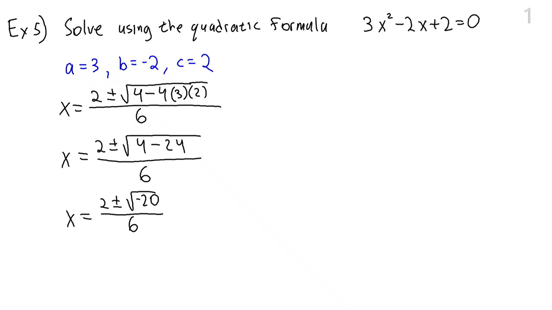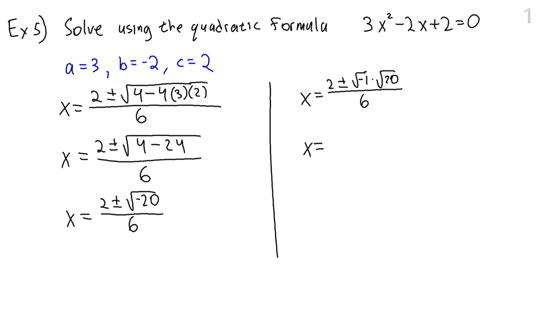This means our answers will be complex numbers. And so we have x equals 2 plus or minus radical negative 1 times radical 20. I'm doing this one step at a time. x equals 2 plus or minus i times radical 20 divided by 6.